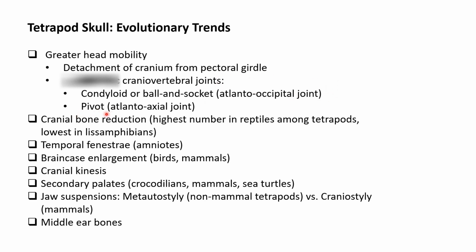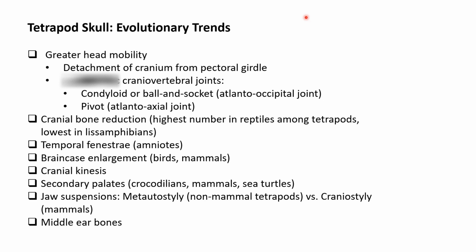And another example is a pivot joint between the atlas and the axis. So that's the atlantoaxial joint, which allows you to turn your head. So this type of synarthrotic joint conferred a wider range of motion to the tetrapod head.